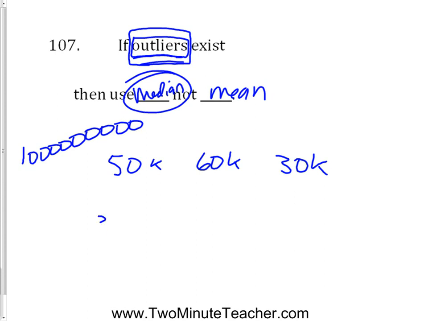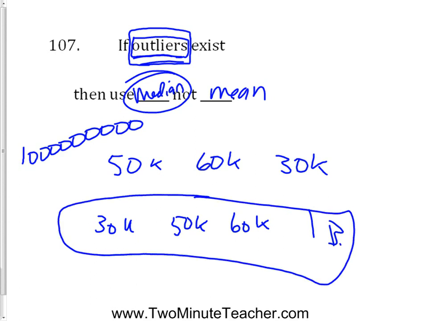I'd have to line them up from smallest to biggest: 30,000, 50,000, 60,000, and then my 1 billion. Our middle is still right here. Even if this had been a trillion or something, the middle is still right between 50 and 60, so it'd be 55,000. So the median keeps you from being deceived by outliers.